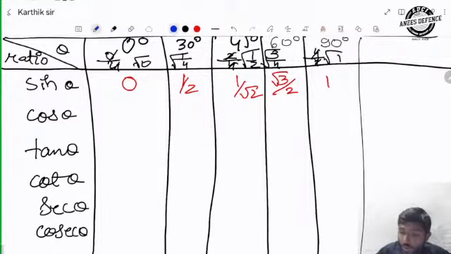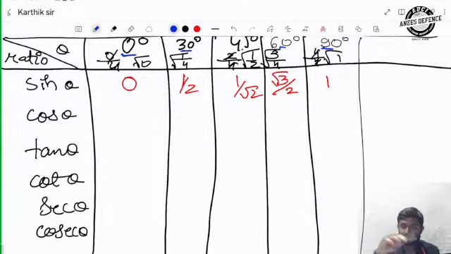Now, how to find cos? Cos is sin of 90 minus theta. Sin 90 minus theta means you have to write the values in opposite order. If you see 0 degree and 90 degree, when you add them, it is 90. If you add 30 and 60, again it is 90, and if you double 45, it is again 90. They make a rainbow-like shape for adding.